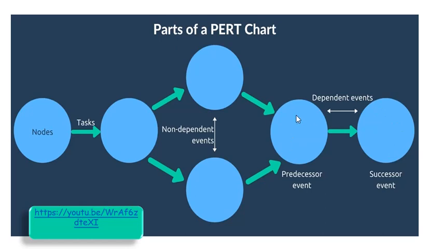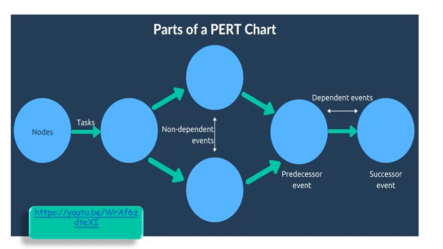Unless and until ये event complete नहीं होता है, we cannot start with the next event or the next activity. So event के पहले जो event आता है that is referred to as predecessor event, and event के बाद में जो event आता है that is referred to as successor event. I hope this is very clear to you all.